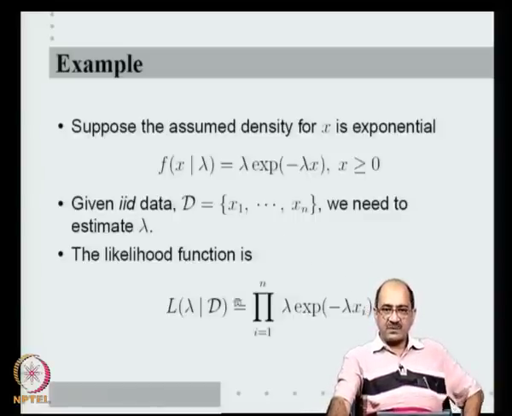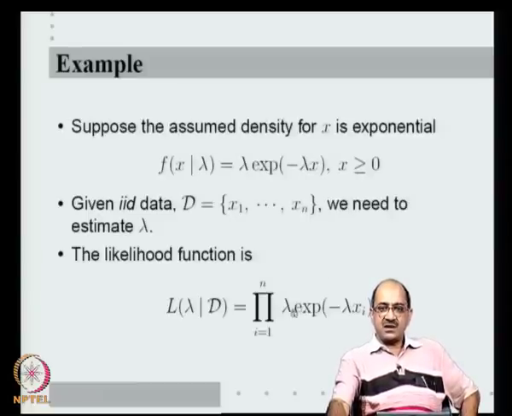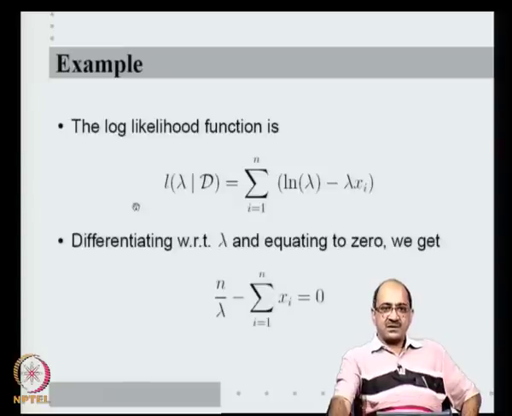If I take logarithm of this, then the product becomes a sum, I get log of lambda plus log of the exponential, which becomes minus lambda x i. So, the log likelihood, which we normally denote by small l, once again a function of lambda given all the data, is sum i equal to 1 to n of ln lambda minus lambda x i. We need to maximize this with respect to lambda.